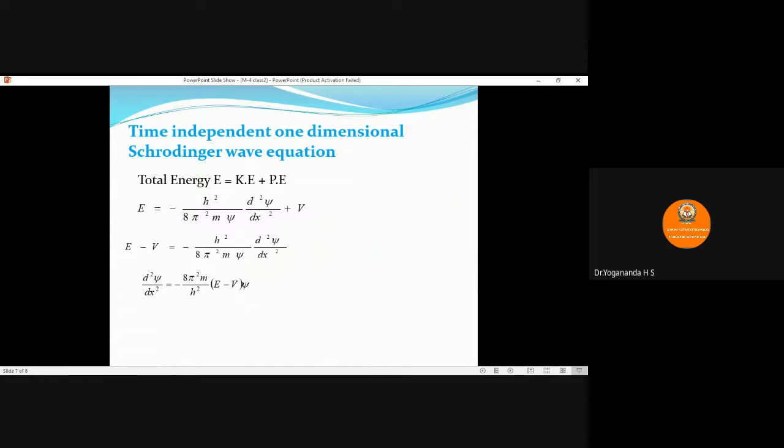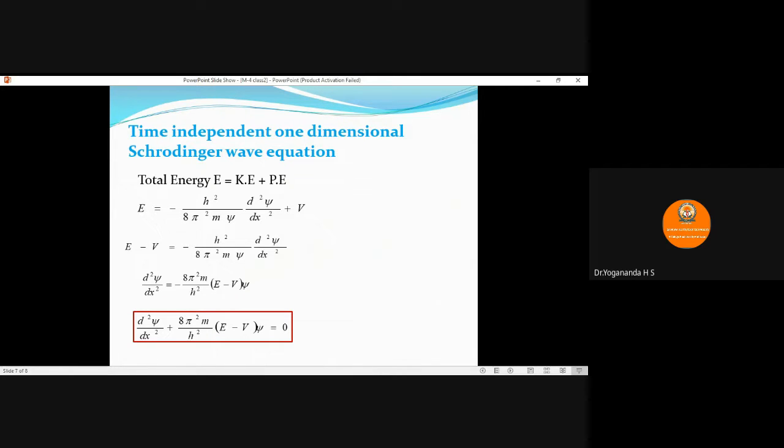Rearranging the equation, or by cross multiplying, we get d square psi by dx square is equal to minus 8 pi square m divided by h square into (E minus V) of psi. Taking the term on the RHS to the LHS, it becomes positive.